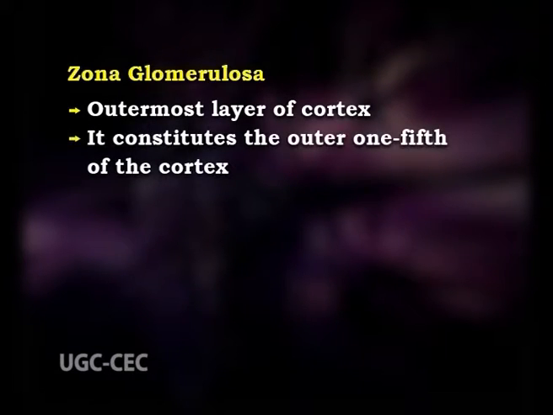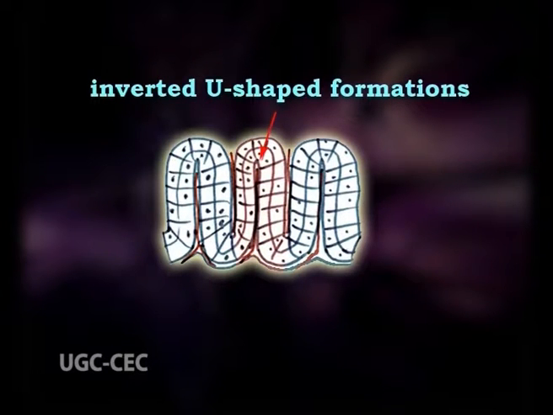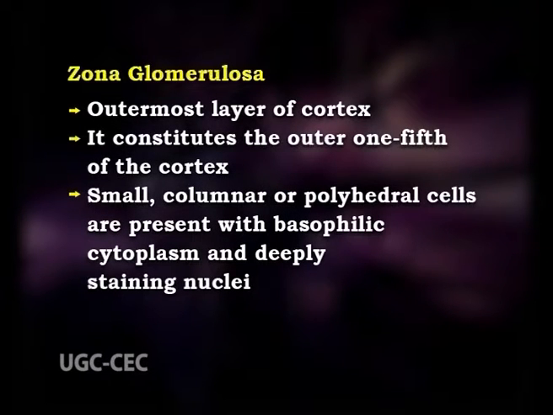It constitutes the outer 1/5 of the cortex. In this zone, cells are arranged as inverted U-shaped formations or acinus-like groups. Small columnar or polyhedral cells are present with basophilic cytoplasm and deeply staining nuclei.